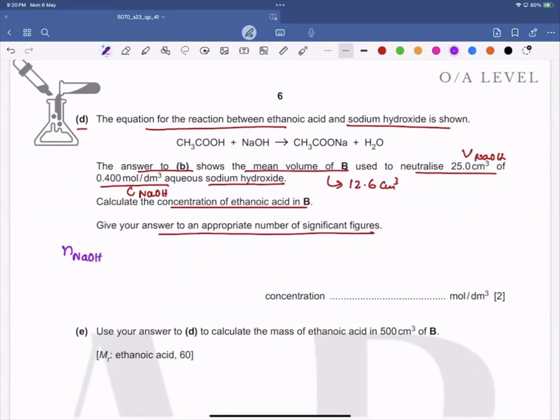To find the moles of sodium hydroxide, we will use the formula: concentration of sodium hydroxide multiplied by volume of sodium hydroxide in decimeter cube. So the concentration of sodium hydroxide is 0.400. The volume of sodium hydroxide is 25.0, that is in centimeter cube. So we have to divide it by 1000 to turn into decimeter cube. Can anyone calculate the answer and tell me, please?